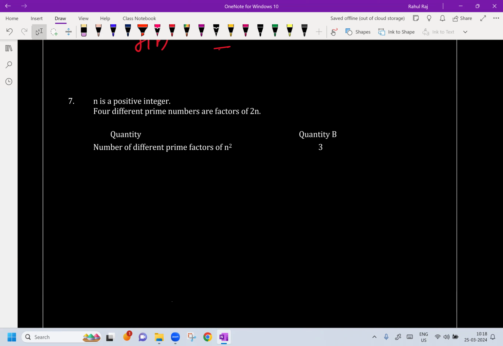So 2 into 3 into 5 into 7 is 30, 30 into 7 is 210. 210 into 2, then you've got 420, and these are the 4 different prime factors of n square.